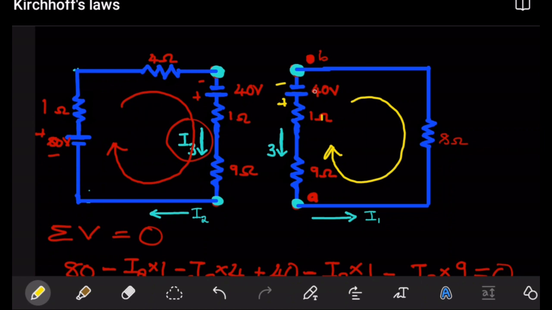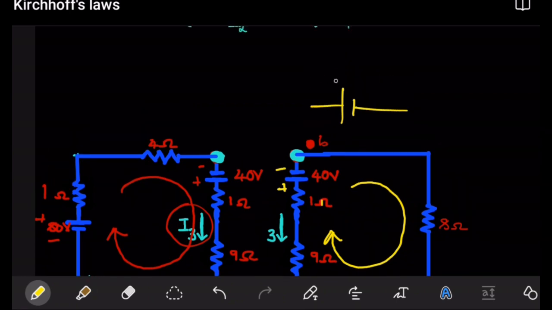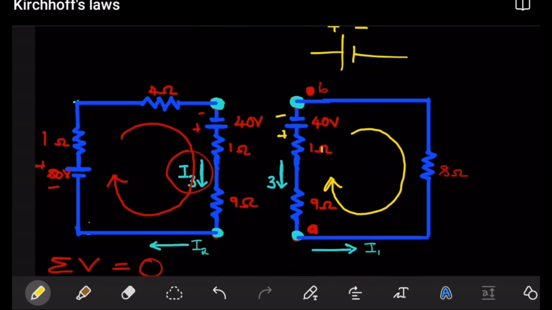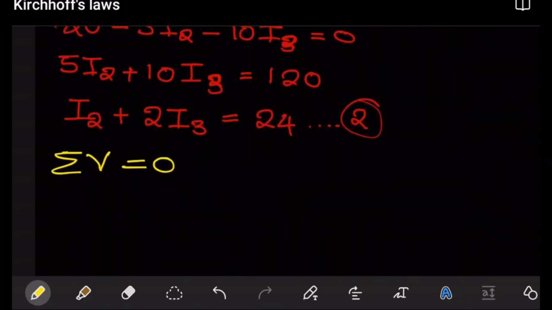So the power source is going to be negative. Don't forget, if you're moving from positive to negative, then the power source is going to give us a negative change, which is what we are seeing here. So we're going to have negative 40.